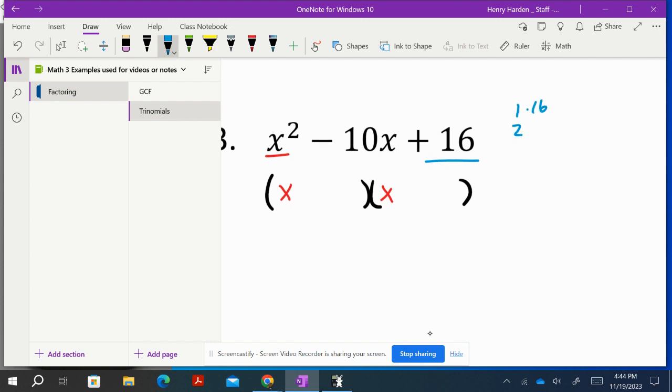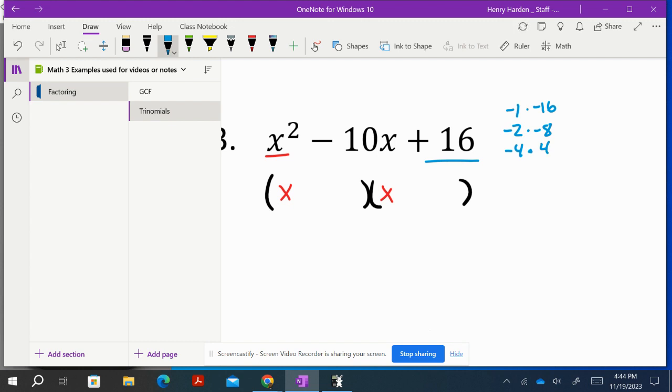Now, here's another trick. Now that I'm looking at this, I know I need to multiply to positive 16, but because I need to add up to a negative 10, I know that my answers are going to have to be double negatives here. So now if I'm running through these, I have negative 1 and negative 16, negative 2 and negative 8, negative 4 and negative 4.